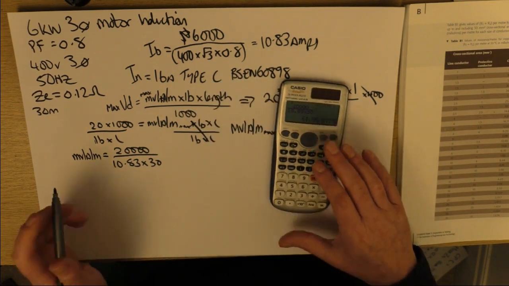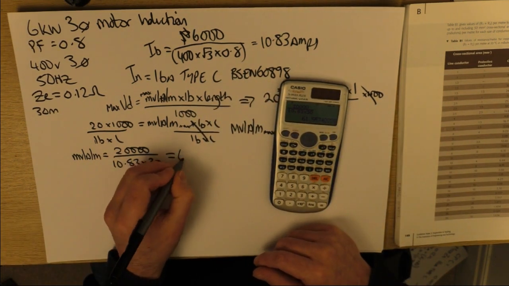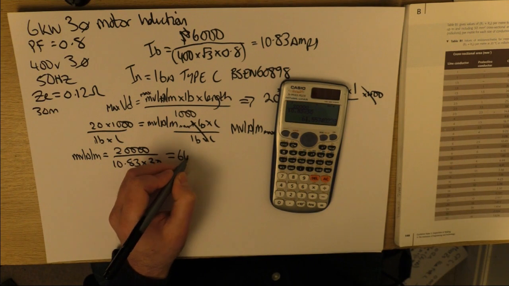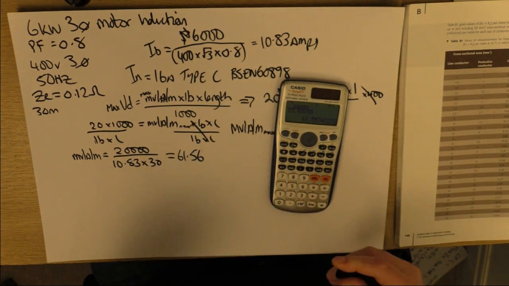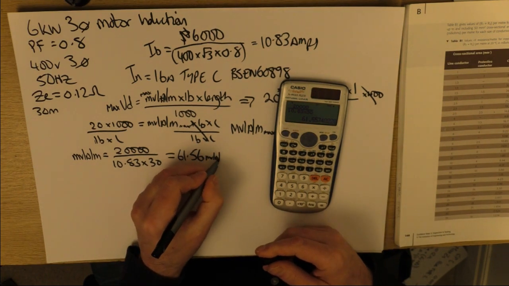So our maximum millivolt per amp per meter value then is 61.56 millivolt per amp per meter.